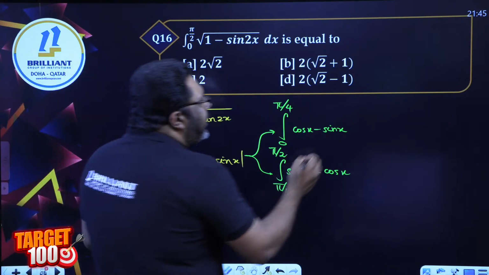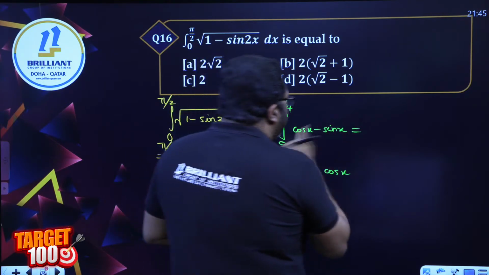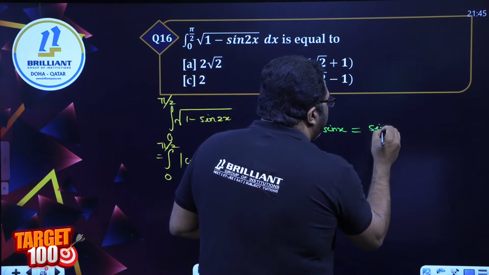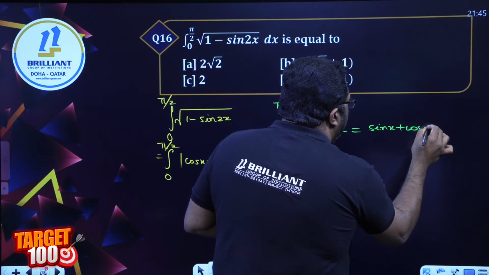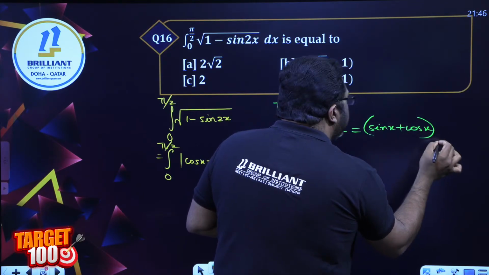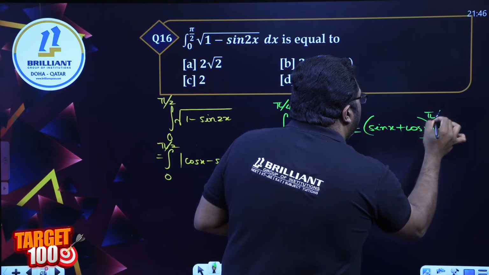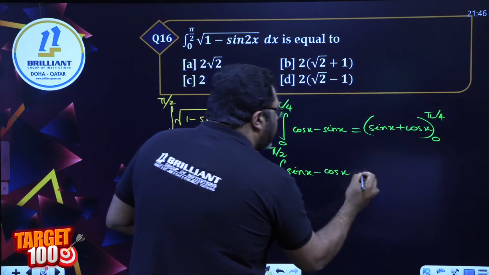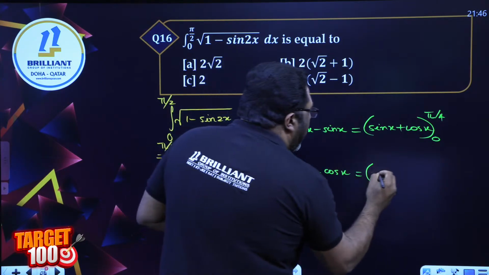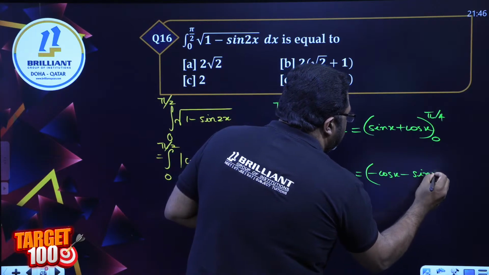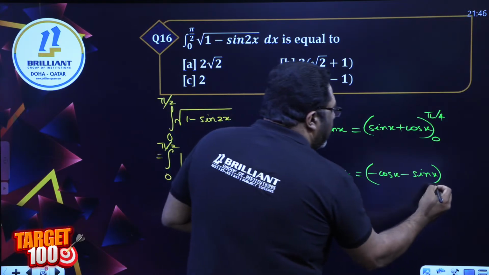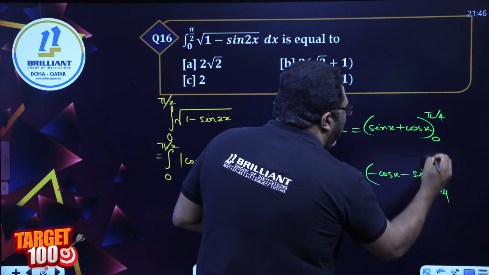Yes, apply the limits all of you and integrate it first. Integral of cos x minus sine x from 0 to pi by 4, and this is minus of cos x minus sine x from pi by 4 to pi by 2.